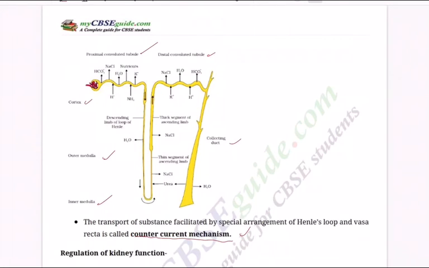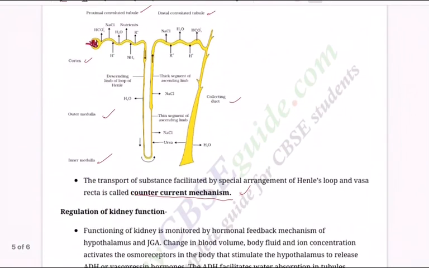You can see here the exchange of urea, NaCl, H2O, K+, H+, all this. The arrow mark towards the tube indicates it's entering inside, and the arrow mark coming out is going out of the nephron. This is how the counter current mechanism will be maintained.